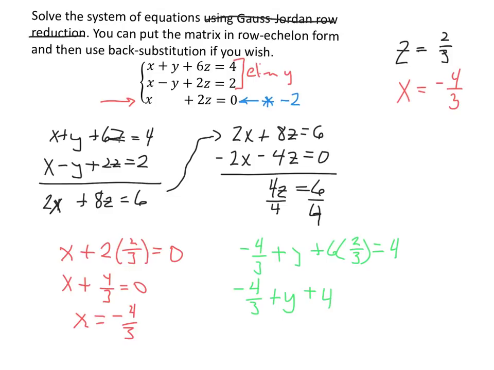So I'll have a plus 4 equals 4. When I subtract 4 from both sides, these two cancel out. This will tell me that y is equal to a positive 4/3 when I add it to both sides. And I have my answers. You don't have to write the positive. That was just emphasizing it for the demonstration.